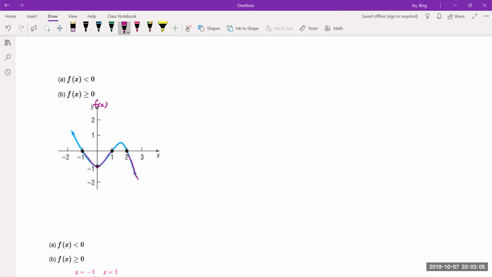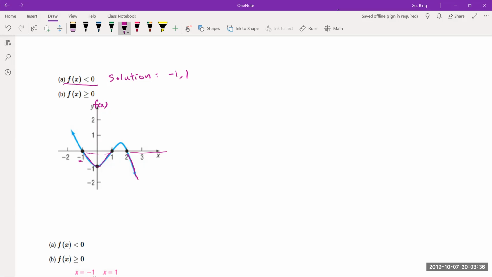Well, you can tell it's from -1 to 1, in between here, and also from 2 to infinity. So the solution set to this inequality is, first of all, from -1 to 1. Do we include -1 or 1? Pay attention here. It's less than 0.